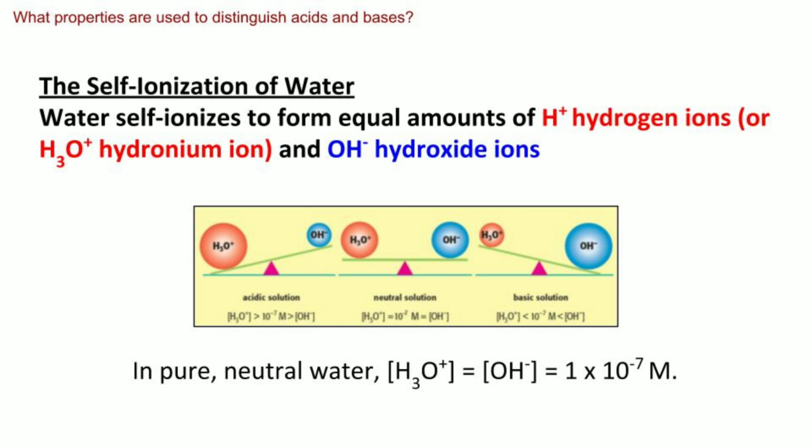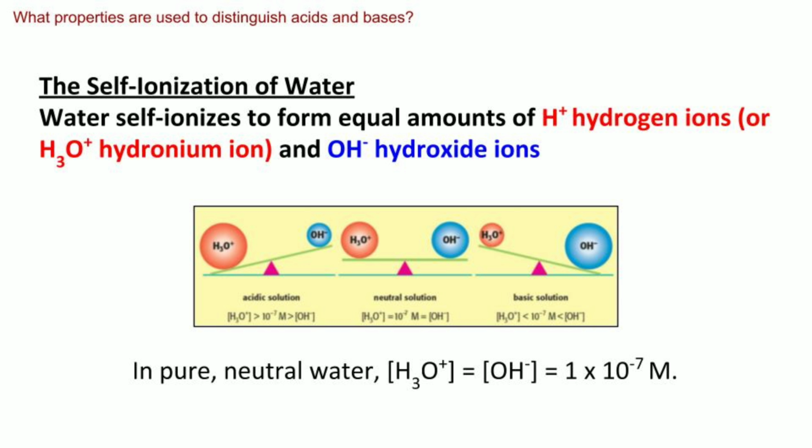pH is the consequence of water forming ions in solution. A very small number of water molecules, 1.0 times 10 to the negative 7 to be exact, or 1 out of 10 million water molecules, ionizes in solution.